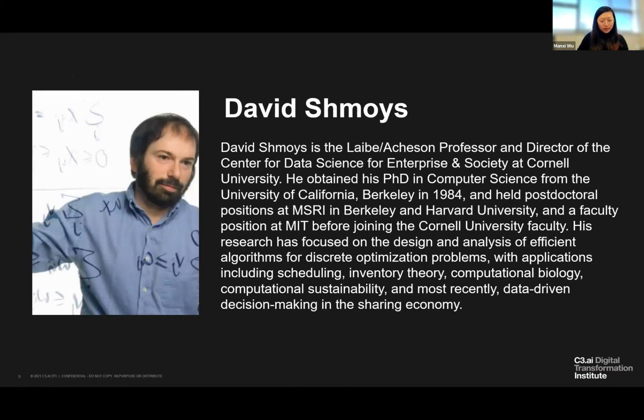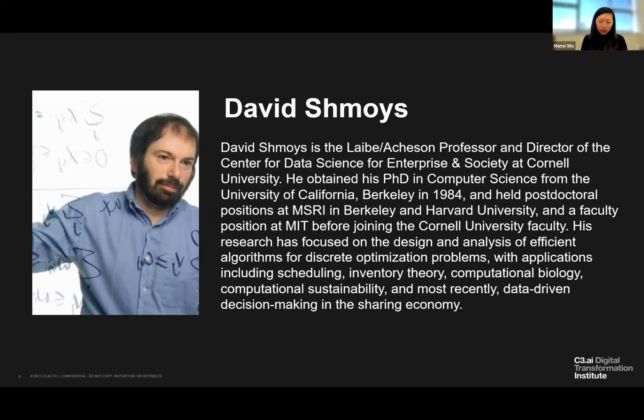Professor David Shmoys is the Leib Professor and Director of the Center for Data Science and Enterprise Society at Cornell University. He obtained his PhD in computer science from the University of California, Berkeley, and held postdoctoral positions at MSRI in Berkeley and Harvard University. Before joining Cornell, he was a faculty member at MIT.